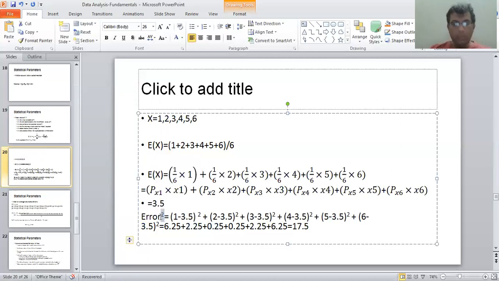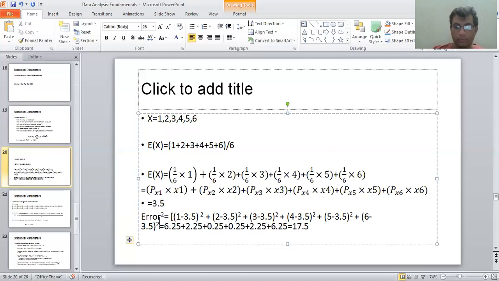But this error square thing is still lacking something. We know that every individual value in the data set has a certain percentage or certain weightage of occurrence. And that weightage should be included in the calculations because it is the percentage amount by which it has the potential to come at the output. So since it was an ungrouped data statistics, all of them had a weightage which was basically 1 by 6.